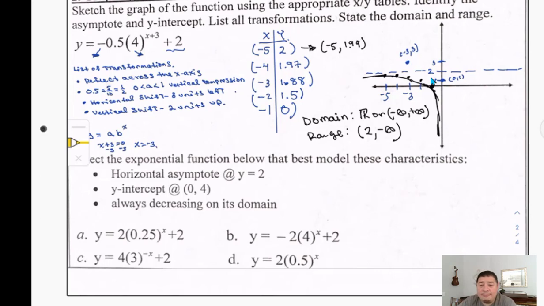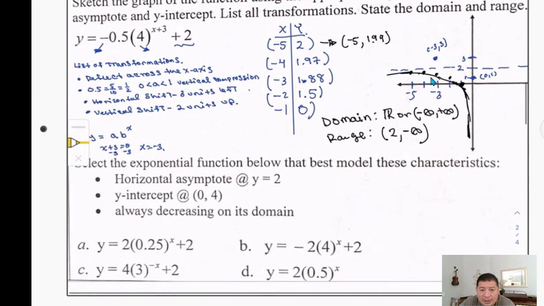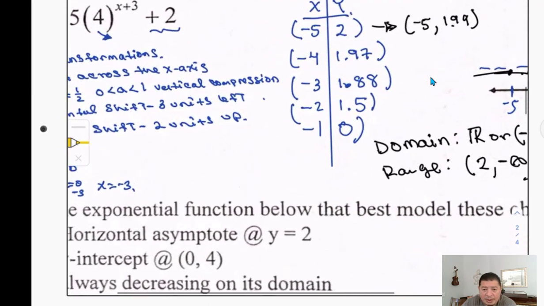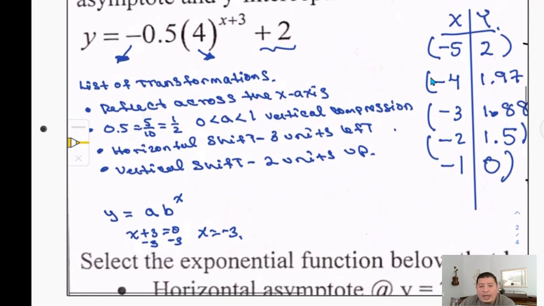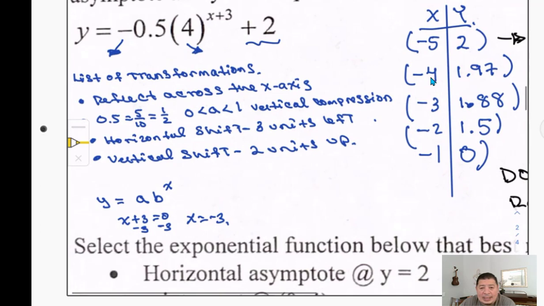Okay, now there's a very important point that you guys need to pay attention to, and that's going to be the y-intercept. Now, for the y-intercept, that's actually not too difficult to compute. What you need to do is let x equal 0.